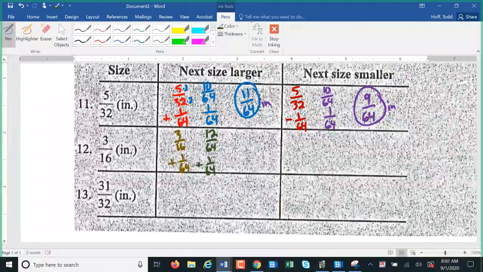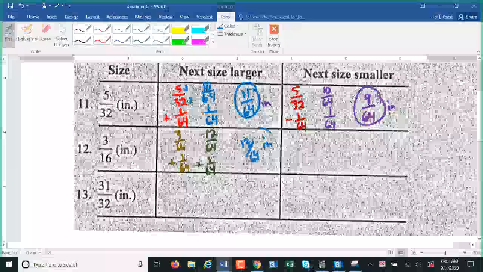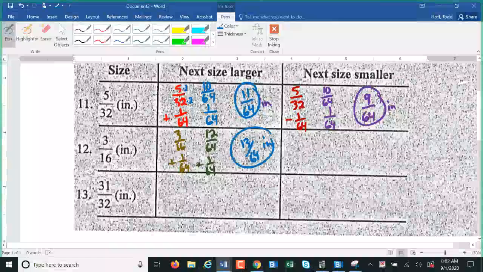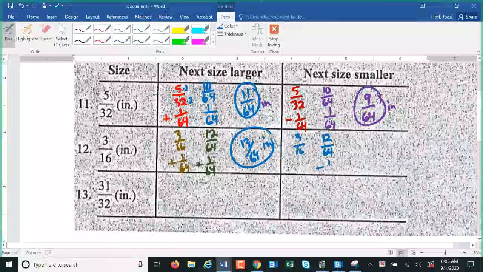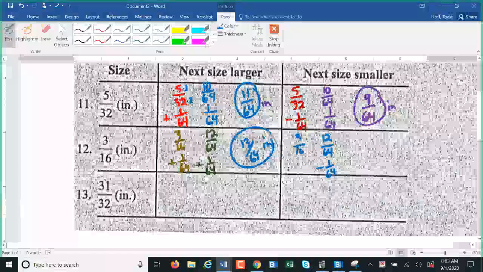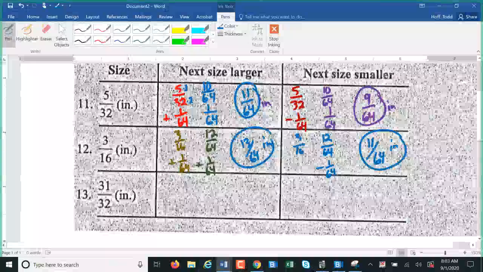Plus 1/64 will give us 13/64 for the next size larger. For the next size smaller, it's that 3/16 or 12/64 again, minus 1/64. 12 minus 1 is 11/64 of an inch is our next size smaller.